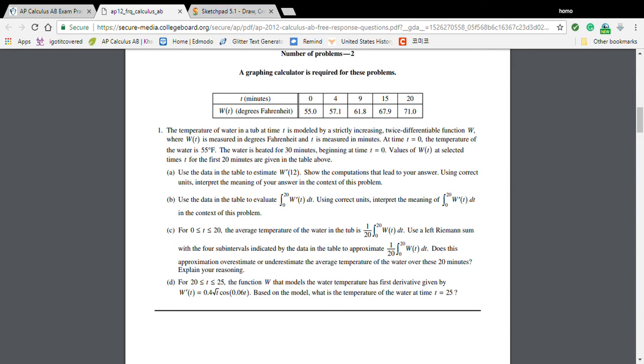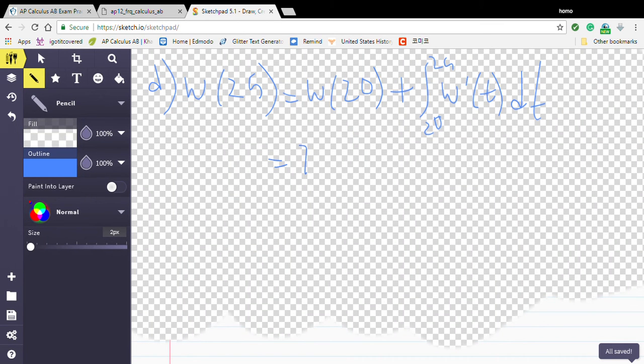W of 20 is 71.0. Once we put the equation in the calculator, hit math 9, and put in the two limits, we get 2.043.